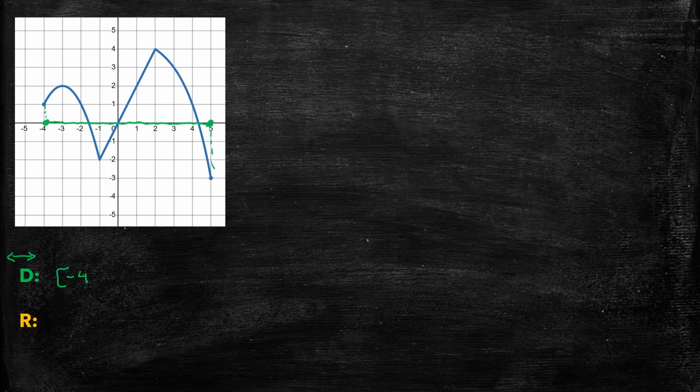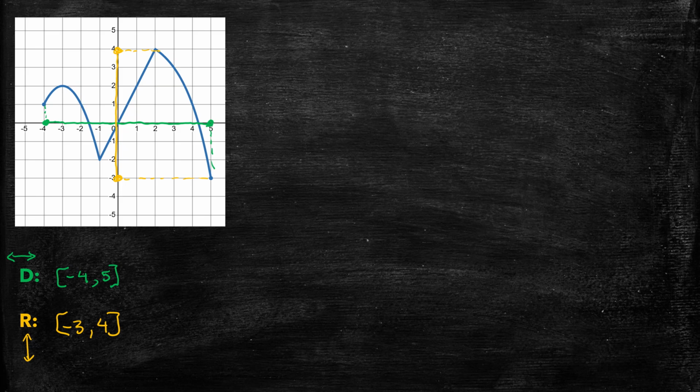So x varies from -4 up to 5 inclusive. Now for the range, we are scanning from low to high, and the lowest y value is -3, and the highest it goes up to is 4, and it hits every y value in between. So the range is from -3 to 4.